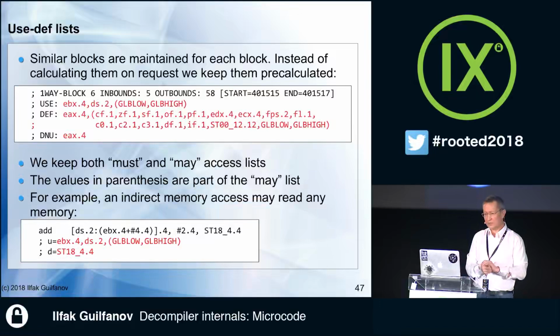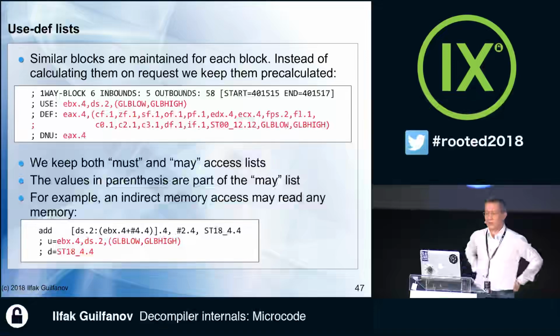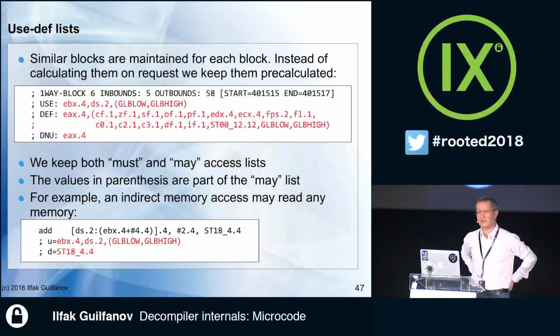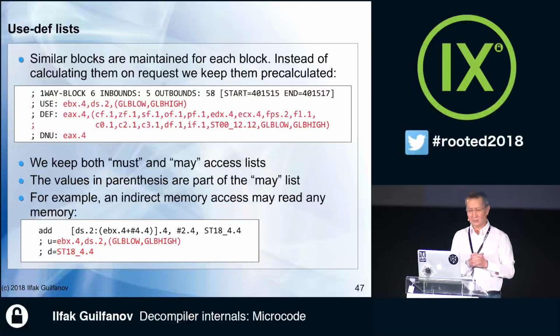Let's return to the use and def lists. For them, we keep must access and may access lists. If you are familiar with data flow analysis, this will tell you something. Otherwise, I'm sorry, I will not be able to explain things in detail because we don't have enough time.